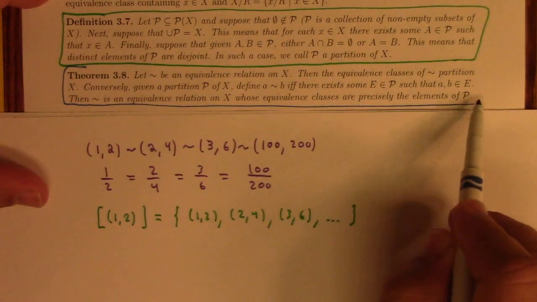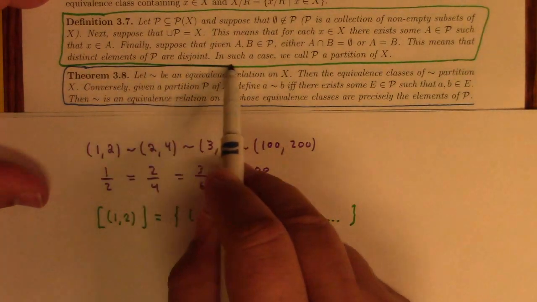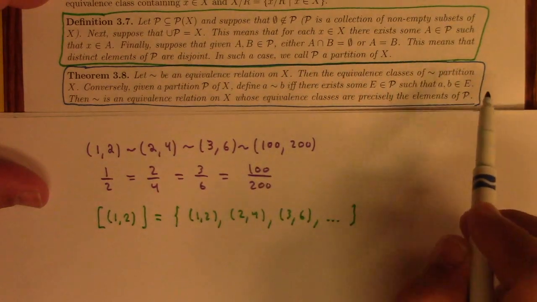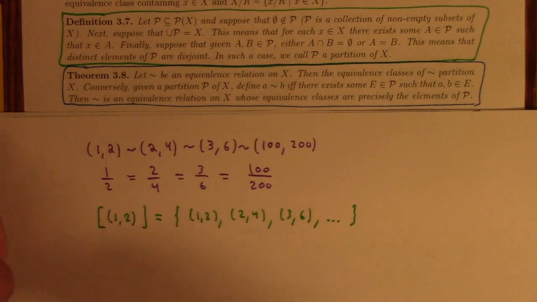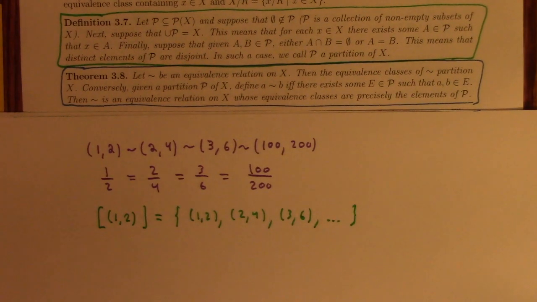The theorem says the following: let squiggle be an equivalence relation on X, then the equivalence classes of squiggle partition X. Conversely, given any partition P of X, you can define an equivalence relation by saying that two points are related if and only if they are in the same member of the partition.